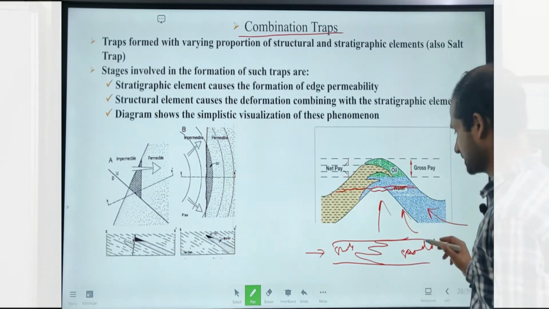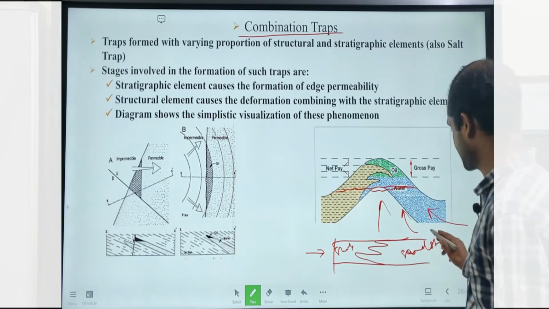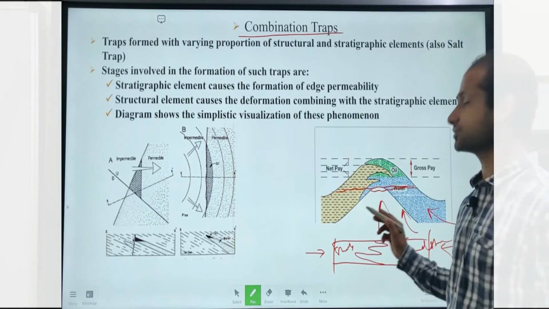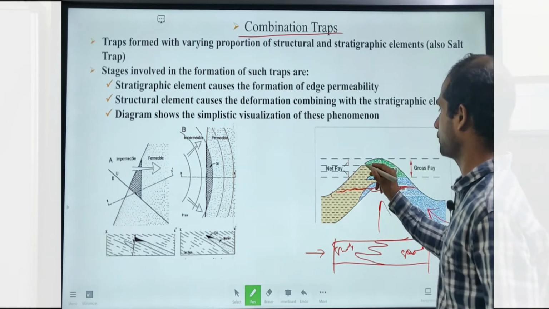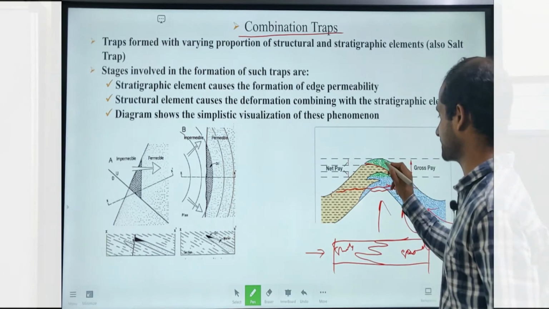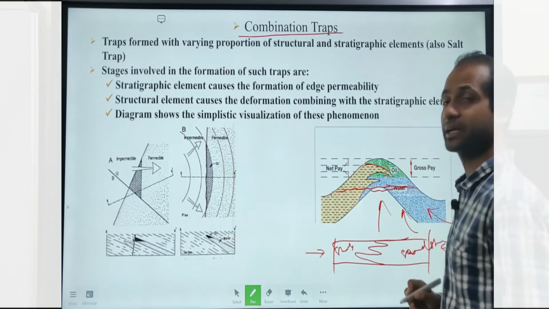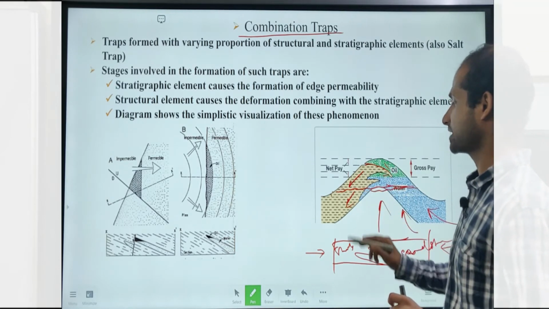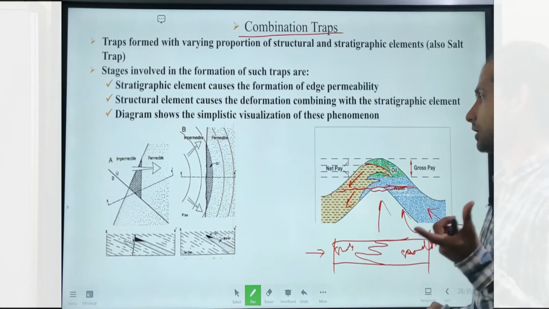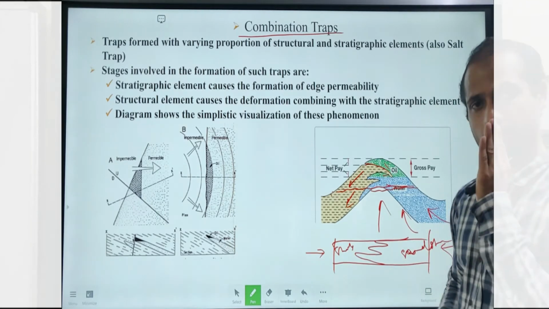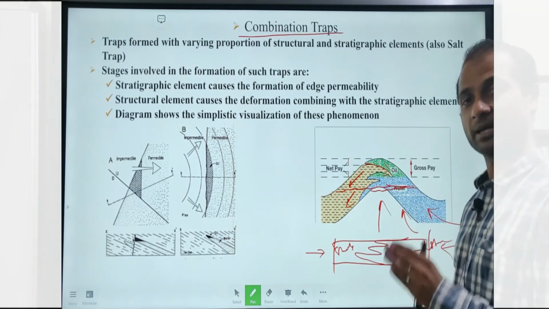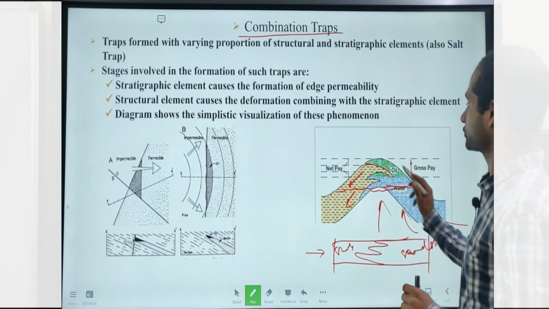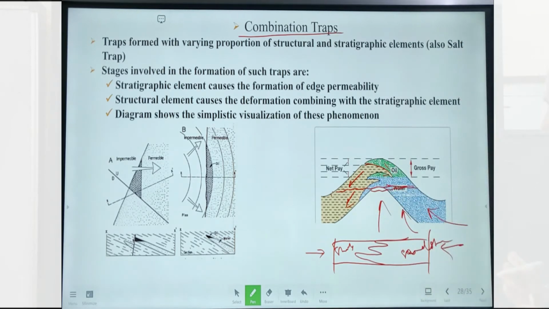But because it was initially stratigraphic and later on converted into structural, what will happen? Wherever in the crestal part we are getting sandstone, we are getting oil accumulation, but wherever we are getting shale, it is acting as a seal, restricting the migration of hydrocarbon. So this is how the accumulation is taking place.